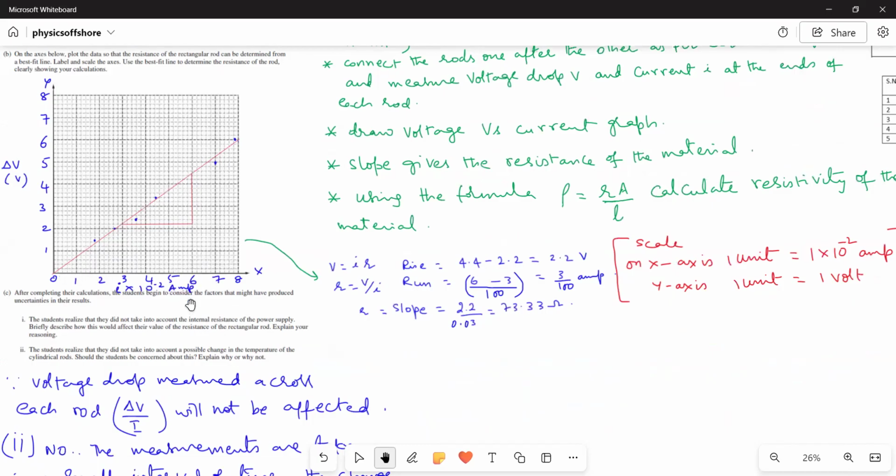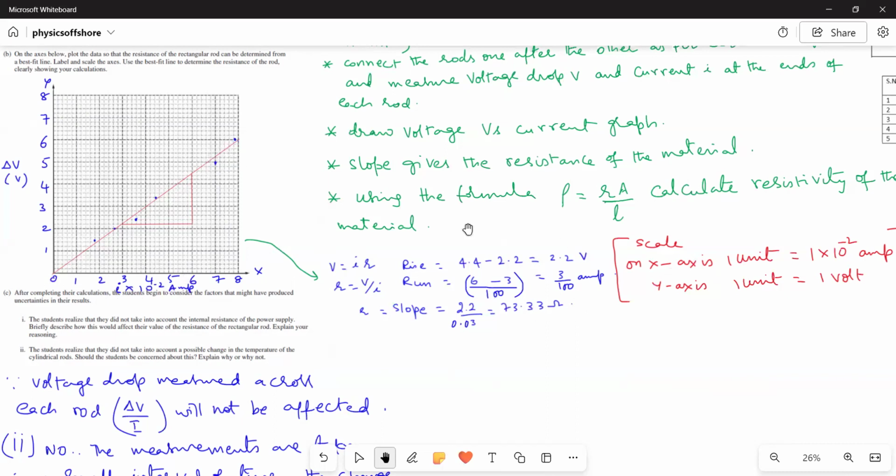I can't write, it's so small a font, and moreover it will not be visible for you if I write like that. That is why I just multiplied with 10 to the power of minus 2, and therefore each unit is 0.01 amperes. And then on the y-axis, 1 unit is equal to 1 volt. I have drawn the graph, and then this is the best fit.